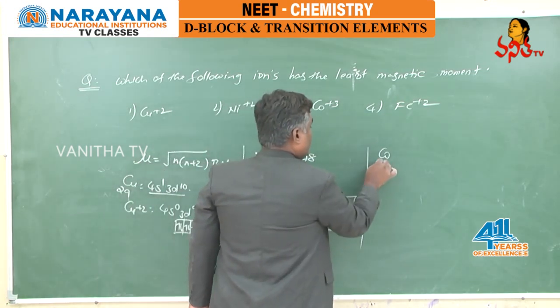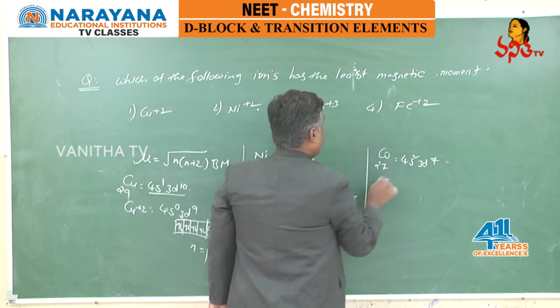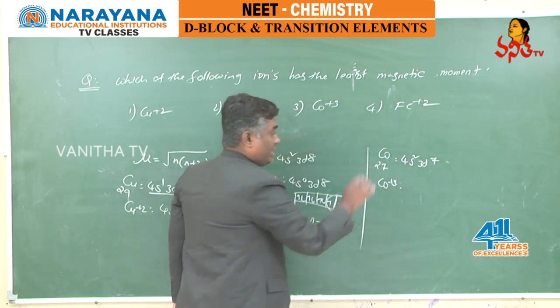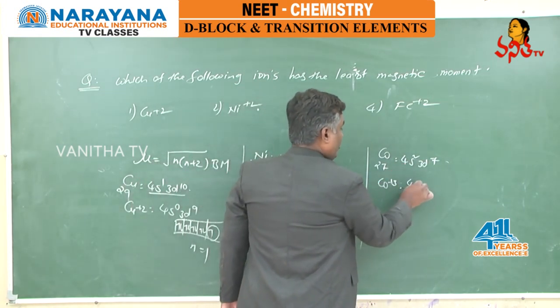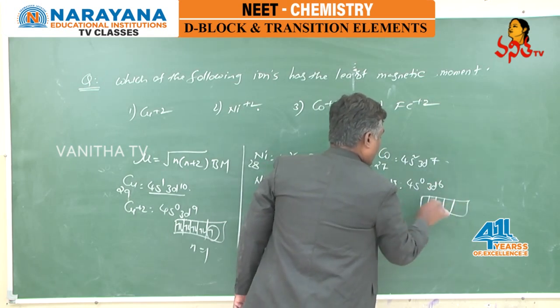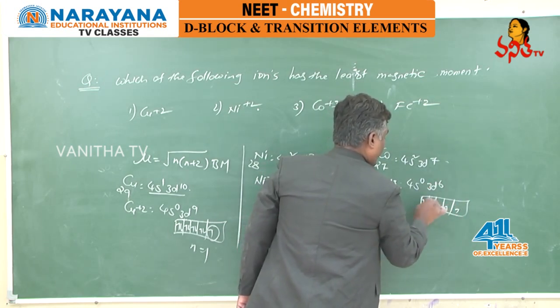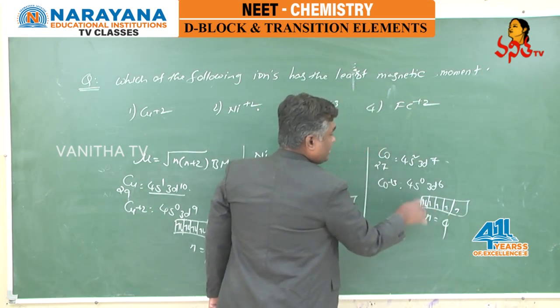Next, cobalt 27, 4s2 3d7. Cobalt plus 3 is given, meaning loss of 3 electrons, 2 from here, 1 from here, 4s0 3d6, 1 2 3 4 5 6. Unpaired electrons are 4, 1 2 3 4, because this is a pair.